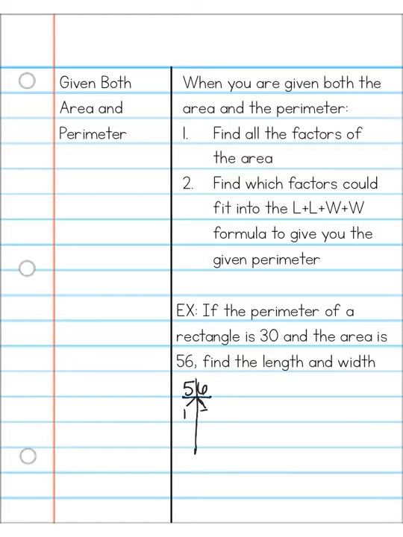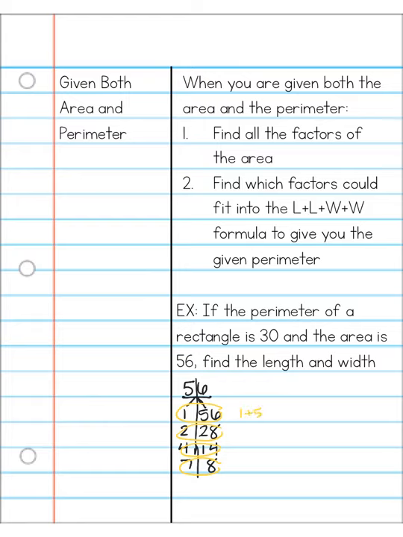Make a T-chart, 1 and 56, 2 and 28, 4 and 14, and 7 and 8. So I have all these different factor pairs, and I need to figure out which I can plug into the perimeter formula and get 30.